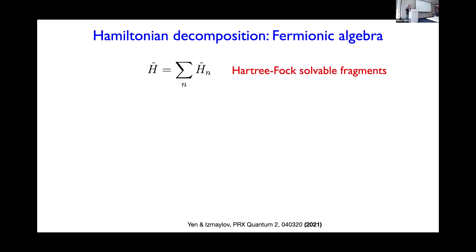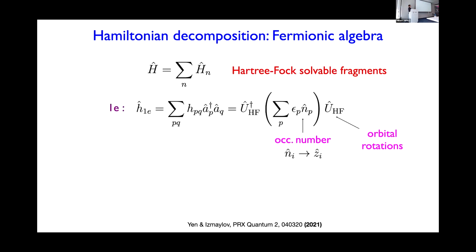Now, it turns out you can also measure things which don't commute, as long as you build some operator that you know how to diagonalize. From electronic structure, we know there's an easy method, Hartree-Fock. But one can ask, what is the Hamiltonian form that can be solved by the Hartree-Fock method exactly?